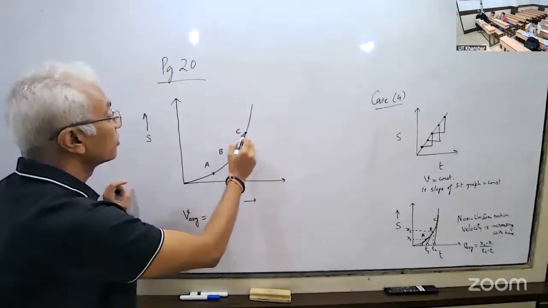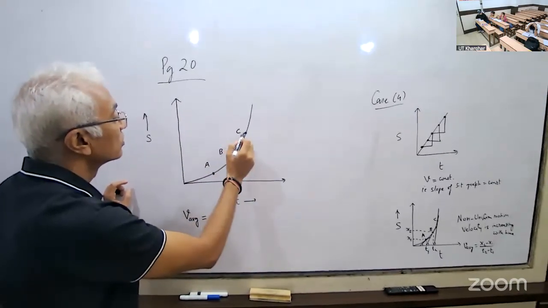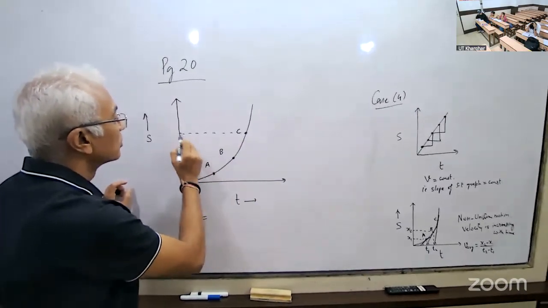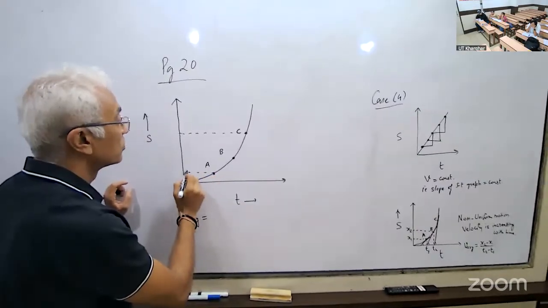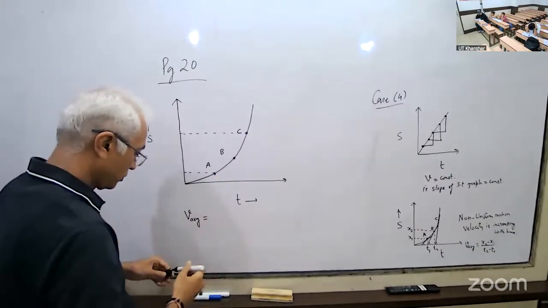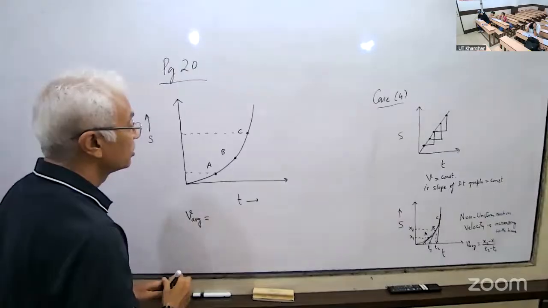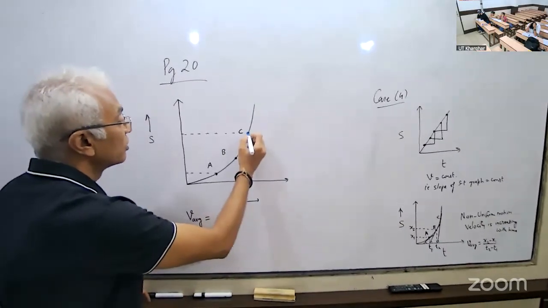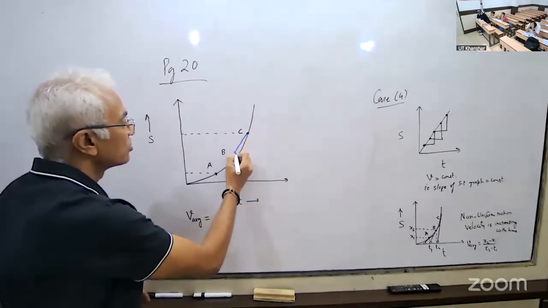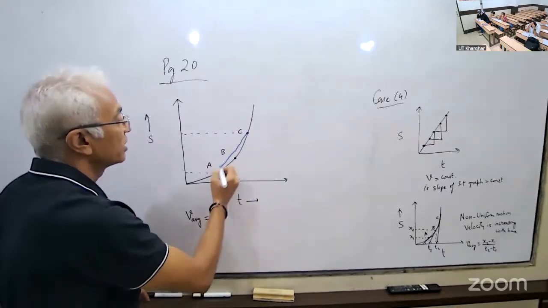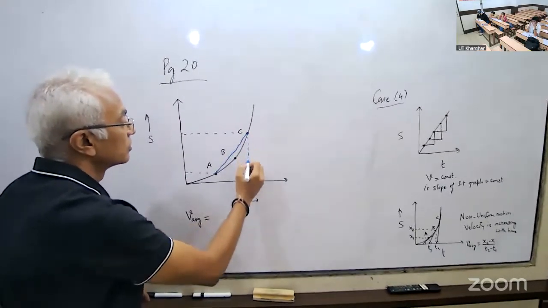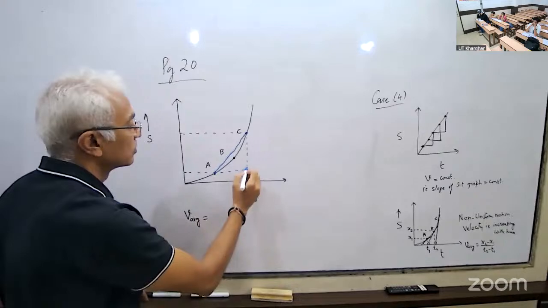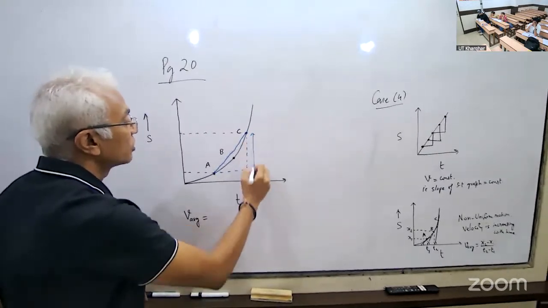You have got to find the slope. Average velocity between A and C, you need to find this. Join these two points, take a straight line here. So this will be what?